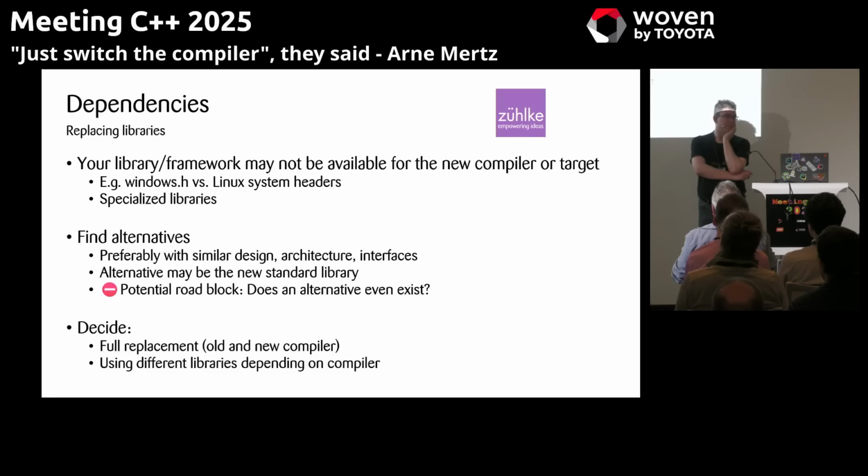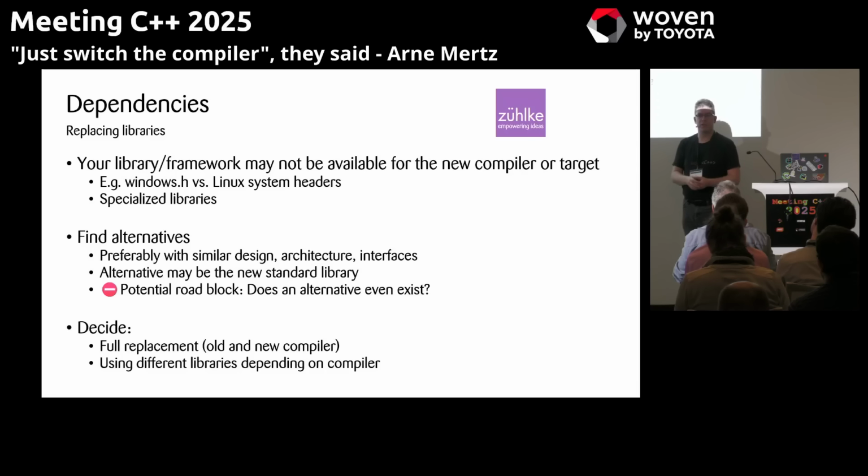You want to replace them. You have specialized libraries. You want to find alternatives with preferably a similar design, similar architecture, because if your library dictates your architecture, or at least part of your architecture, and you switch to a library that has a different architecture, you suddenly have a whole bigger project because you have to change the whole architecture of your project, right?